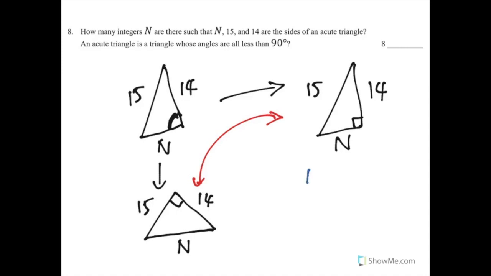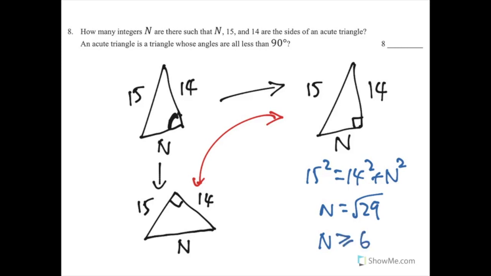So here we have that 15 squared is equal to 14 squared plus n squared. And so n is equal to root of 29. And so we need n to be greater than this value. And obviously n needs to be an integer. And so n has to be greater than or equal to 6.